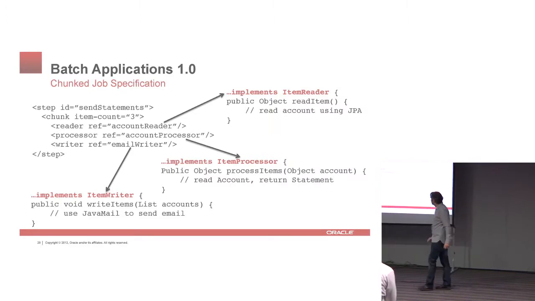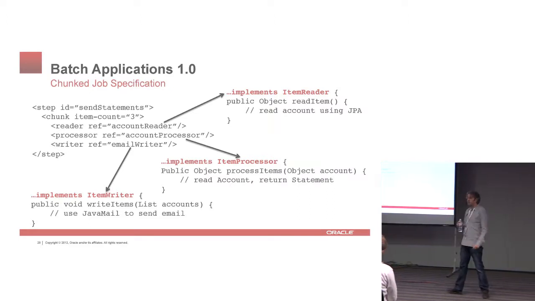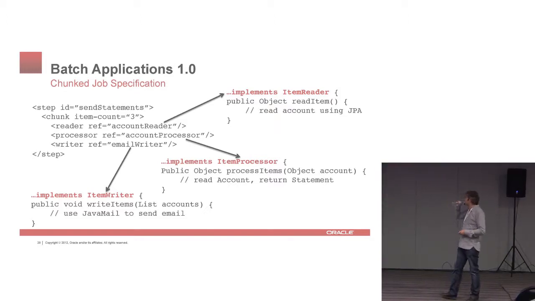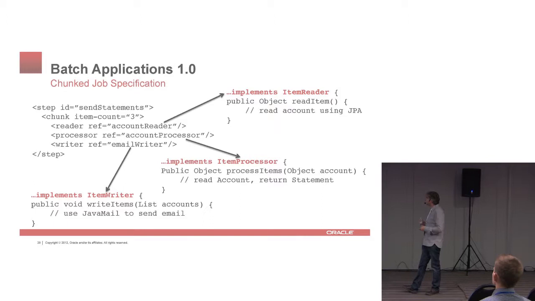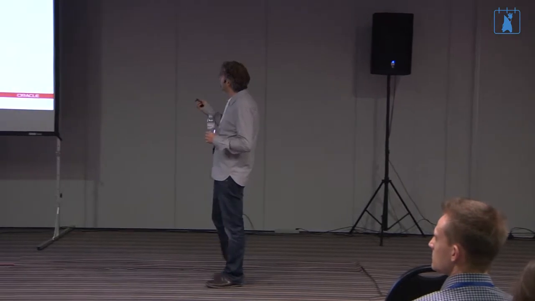So this is an example of some JSL. In this case, this is a chunk definition, so a step that will work on data. And in this case, we are defining the reader, the processor, and the writer. And what I will have to do as a Java developer is implement this reader using the JSR 352 API. So for example, for the reader, I could read the data using JPA or using JMS, it doesn't really matter.